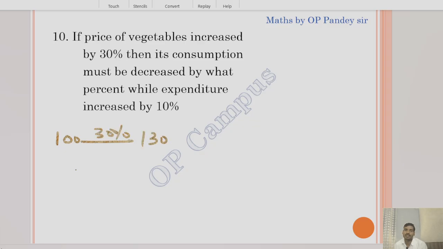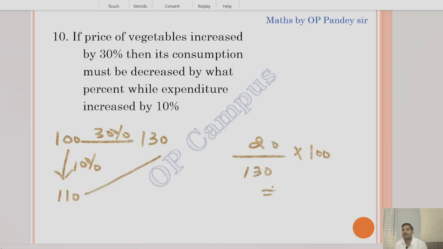This becomes 130. Again increase by how much? 10%. So this becomes 110. Take the difference of this, that is 20, divided by initial value which is 130, into 100. After solving you get 15 whole 5 divided by 13%.